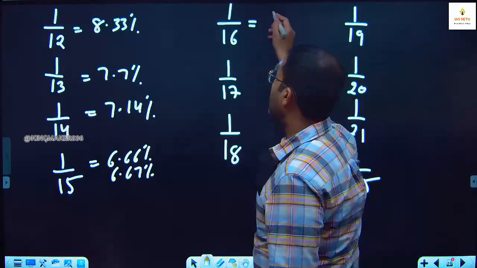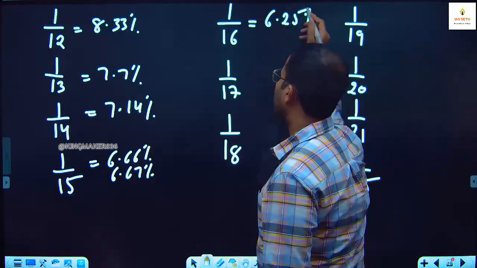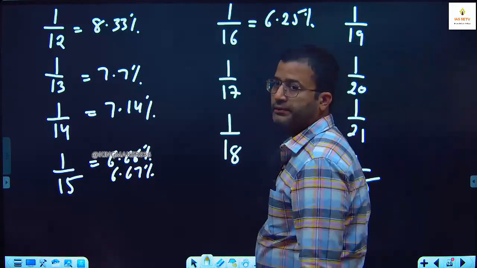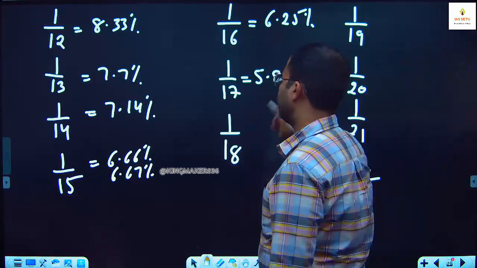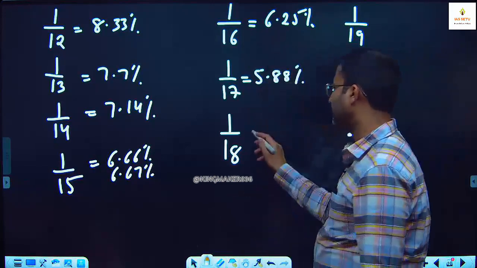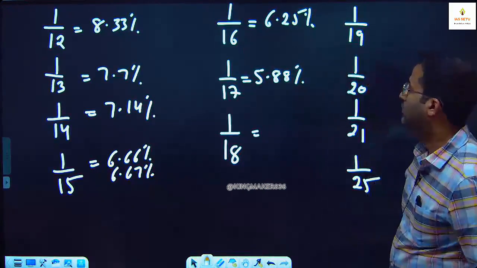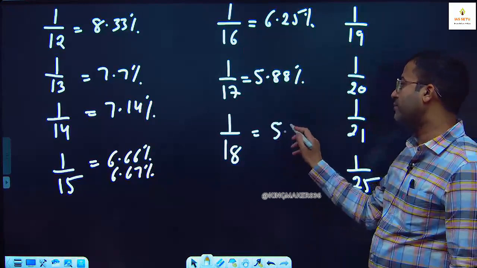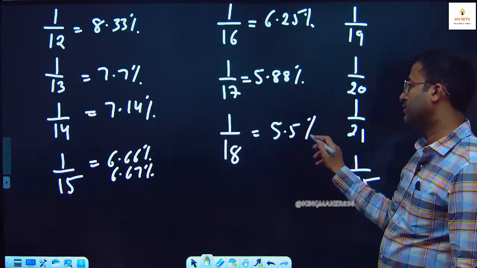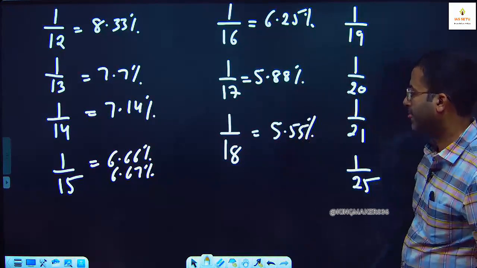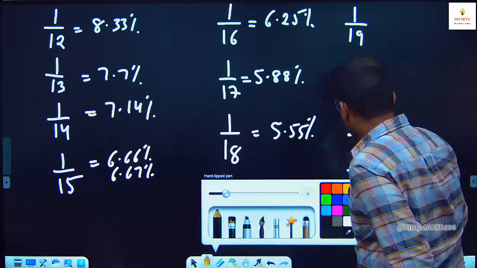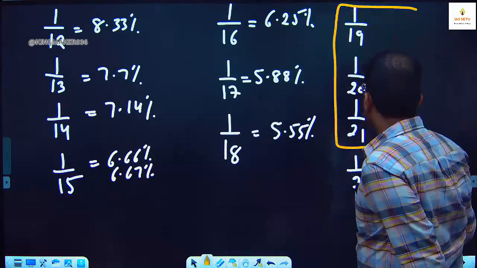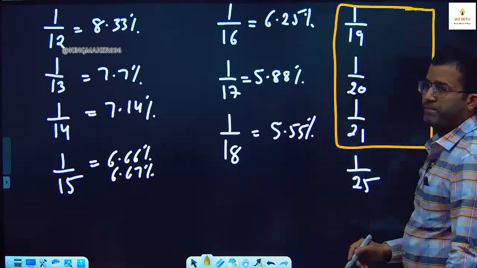Next is 1/16, which is 6.25%. 1/17 is 5.88%. 1/18 is 5.55%. These three values I remember in a group.